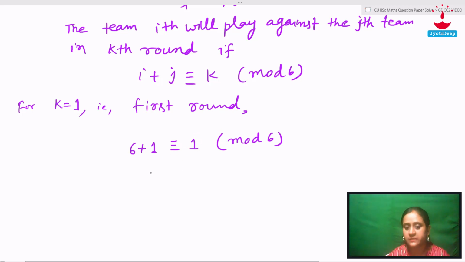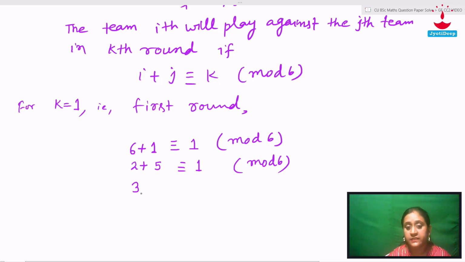Okay, we can also take another combination of 7, like 2 plus 5. 2 plus 5 is also 7, so it will also work here under mod 6, first round.